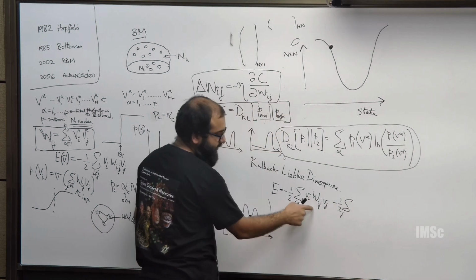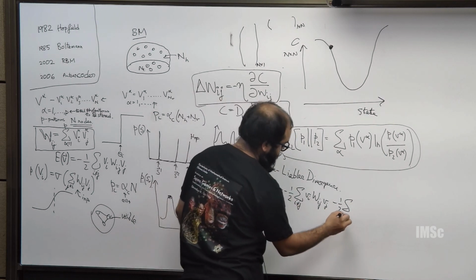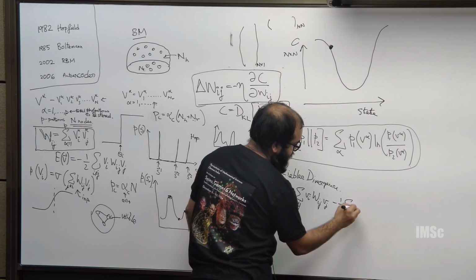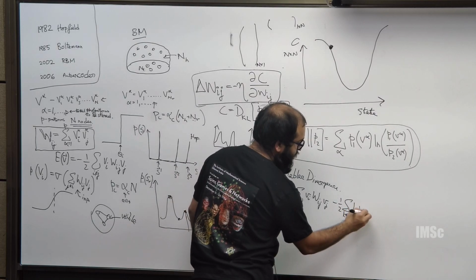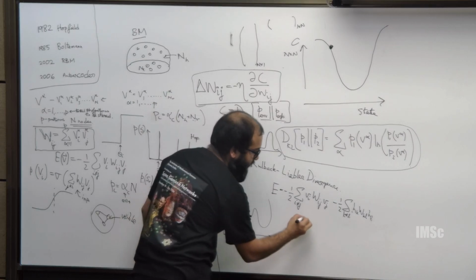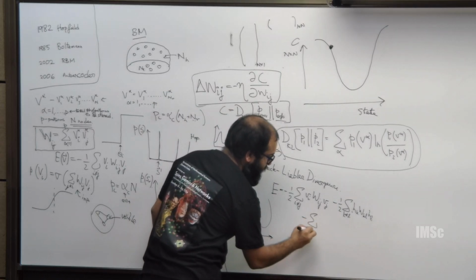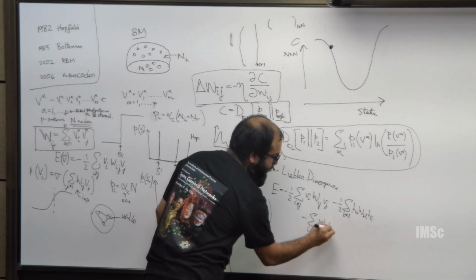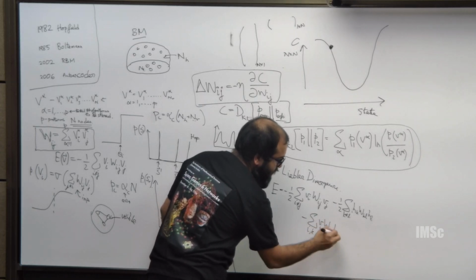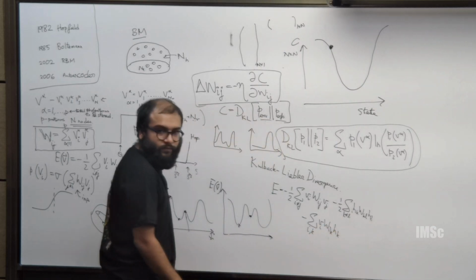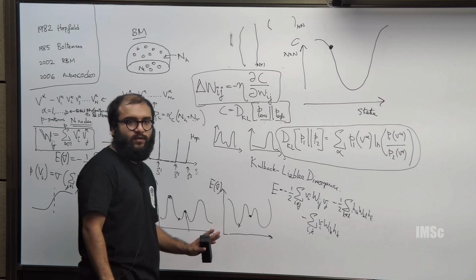So this is inside the visible layer. This is inside the hidden layer, and then you have a final term which is visible and hidden connections. Is that clear?